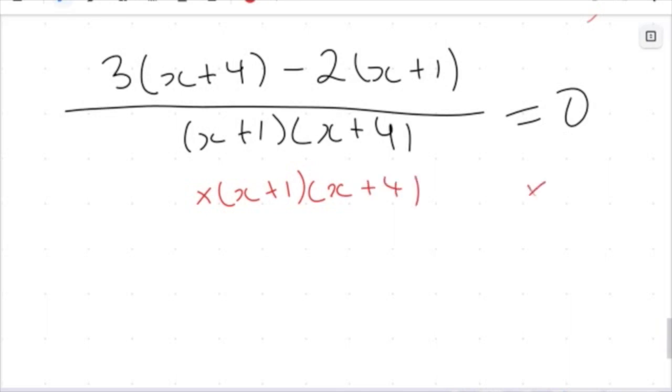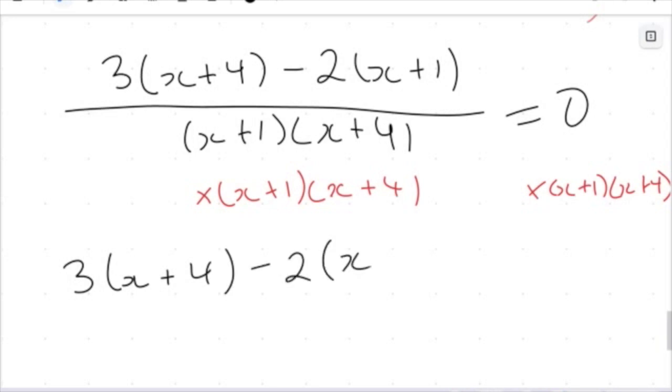I'm going to multiply both sides by this. And the neat thing here is because the right-hand side equals 0, anything that I multiply 0 by still becomes 0. So I wind up with the thing on the left, 3 outside of x plus 4, minus 2 outside of x plus 1, equals 0.